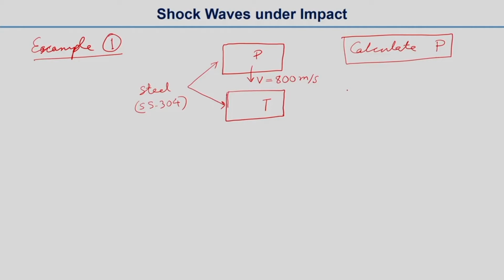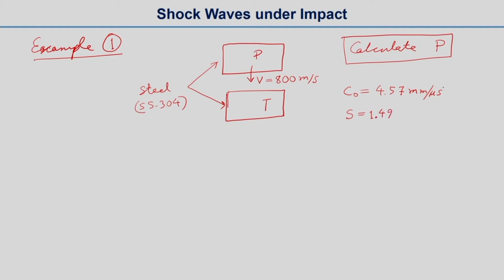We need the shock parameters needed for the equation of state, C naught and S. C naught is 4.57 millimeter per microsecond, and S is 1.49.